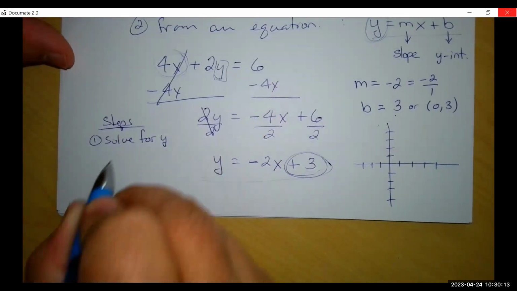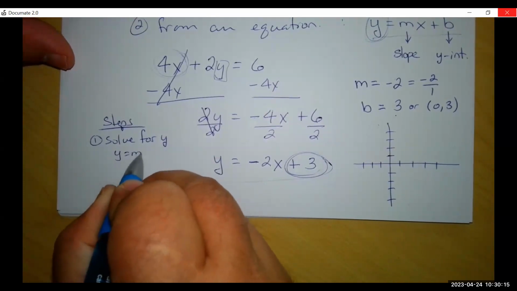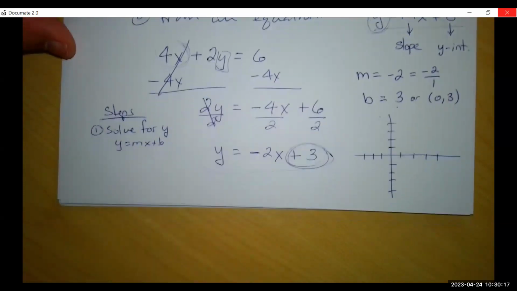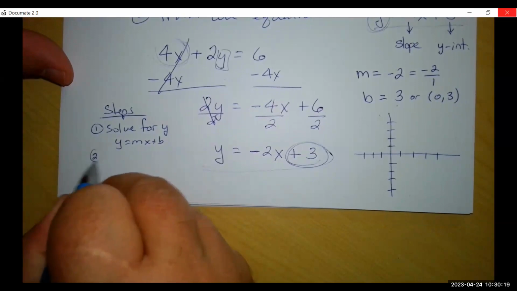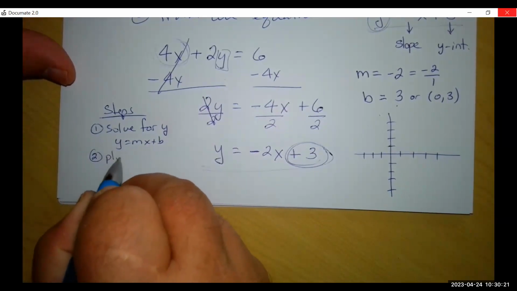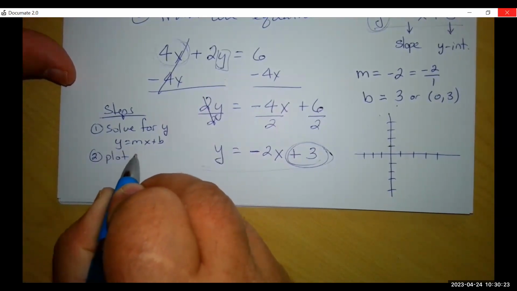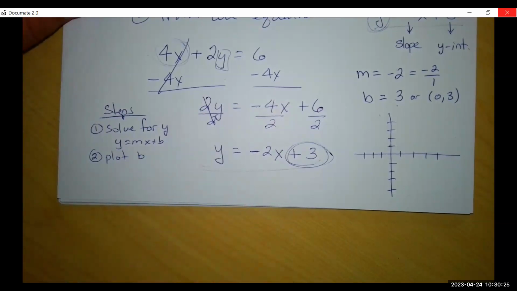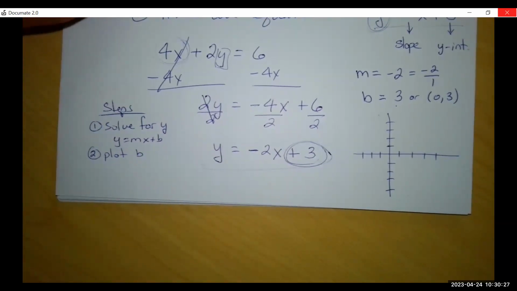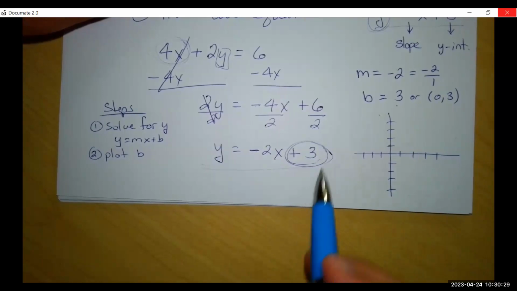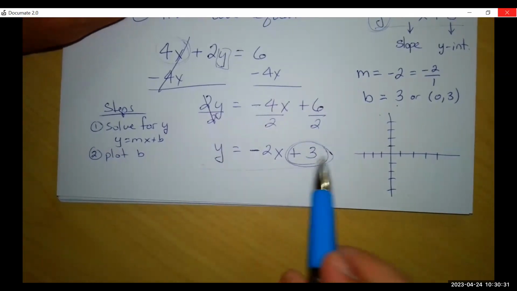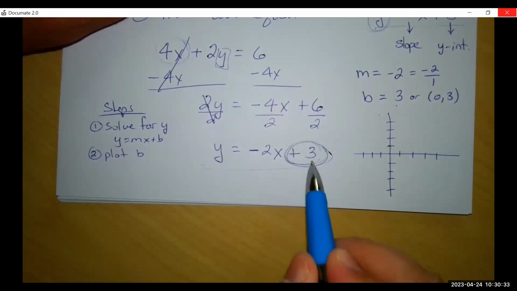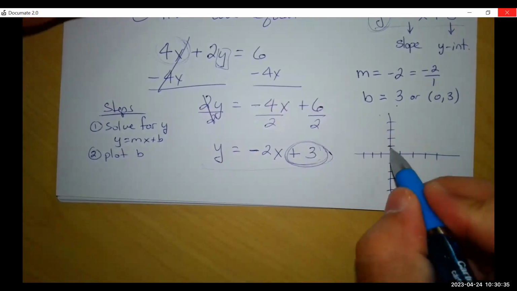Solve for y. You're now in y equals mx plus b. Second step. Plot b. Because once you have the y equals mx plus b, this is just the number on the y-axis. It's at +3.